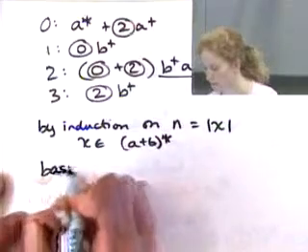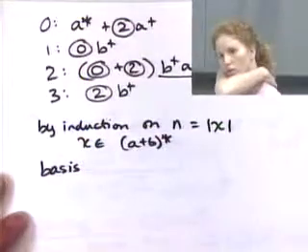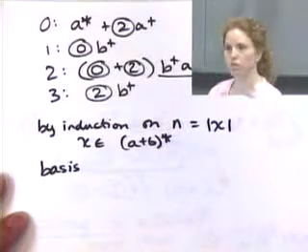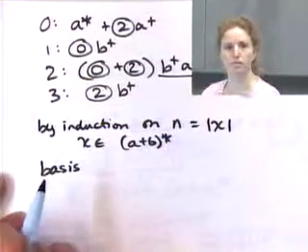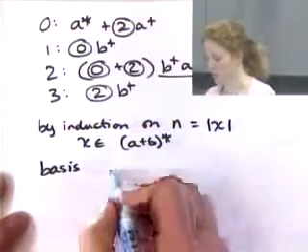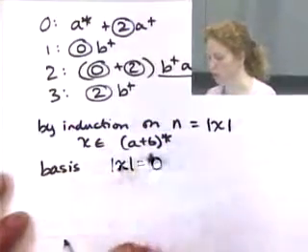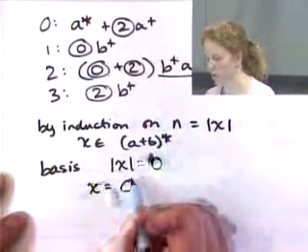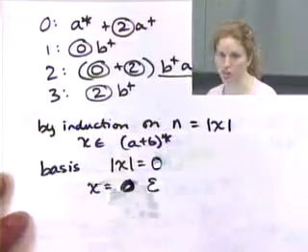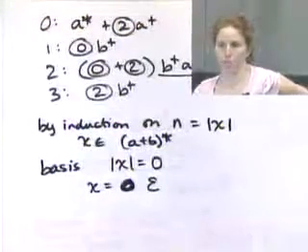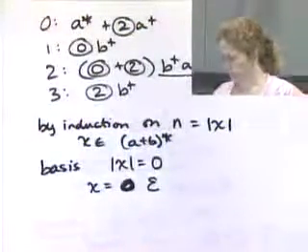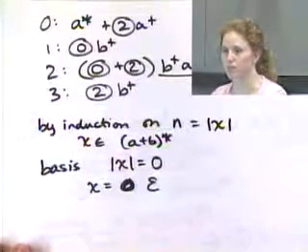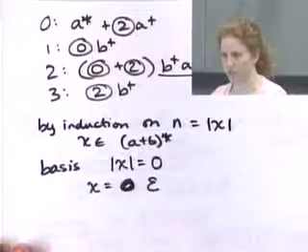Okay, so the basis is what? What's the minimum length of a string? 0. So if the length of x is 0, then x is equal to the empty string, right? The empty string is usually denoted by epsilon. And that was accepted by the 0 state, right? Because A star was accepted. Right?